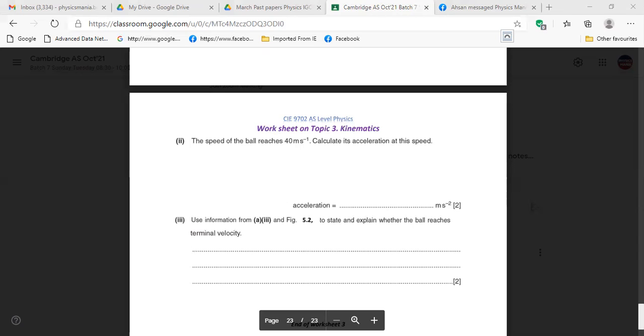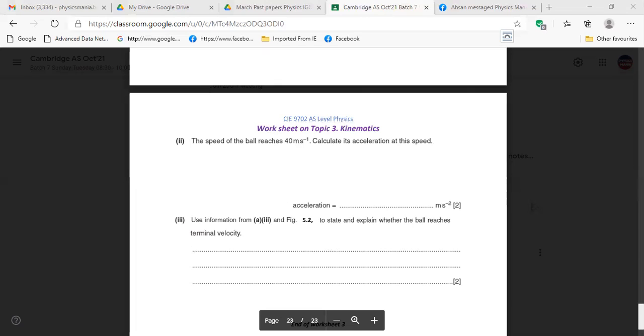So you have one formula, that is mg minus R equals ma. Can you write the formula? mg minus R is equal to ma. Yes, F equals ma. That means resultant force, right? Yes, sir.